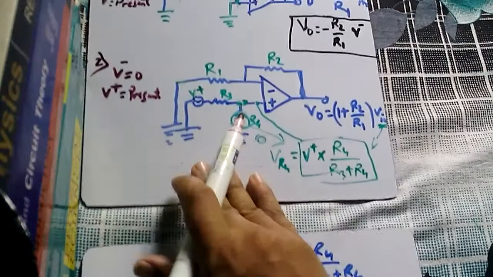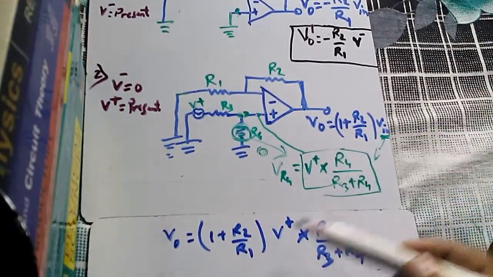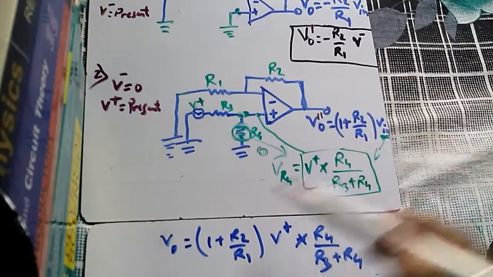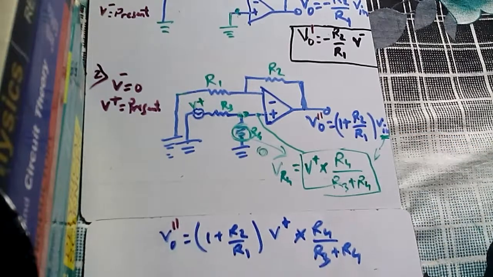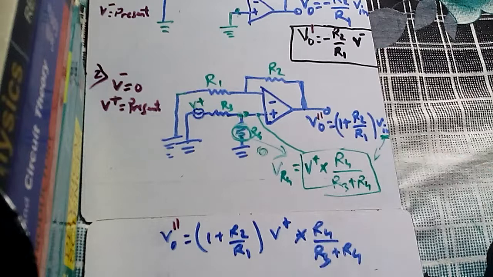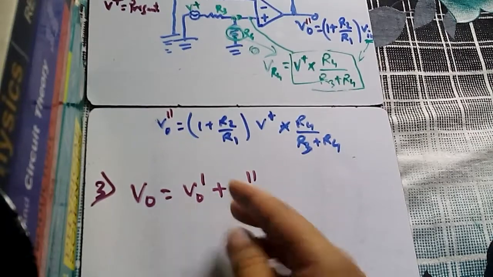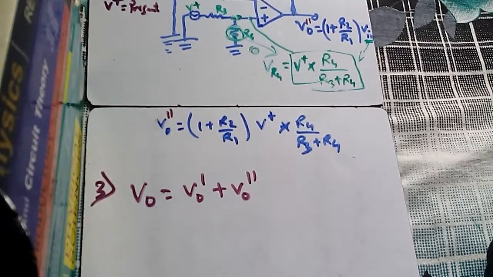So let's name them: this is V naught prime, and this is V naught double prime. The third step is adding the two output voltages, V naught prime and V naught double prime. So in the last step we add those two voltages in those two conditions.